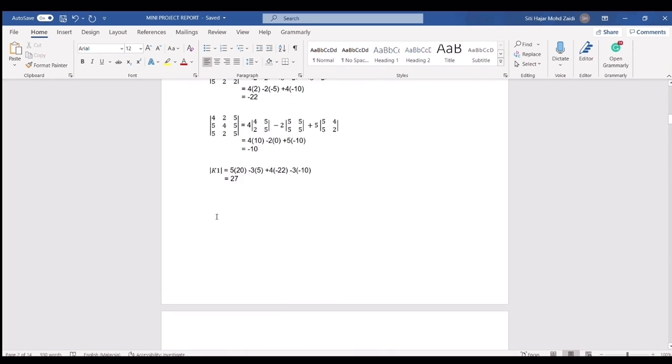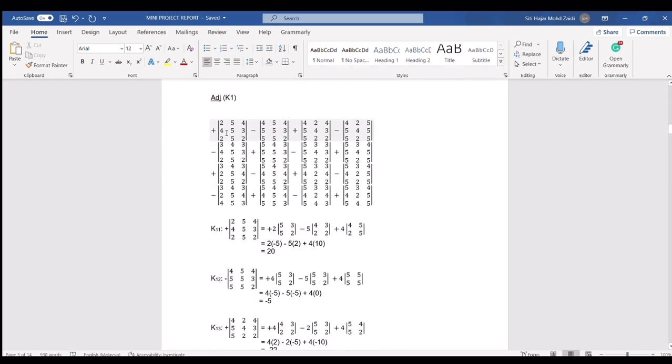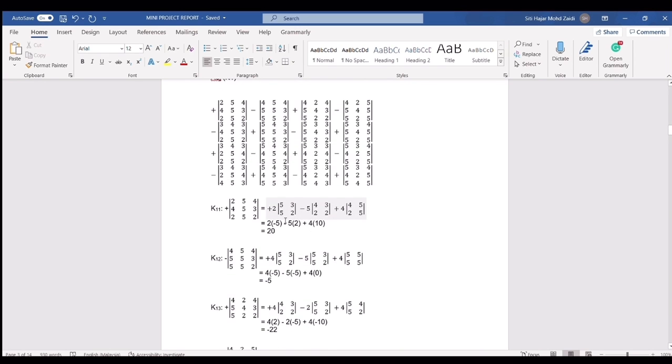So this is what I got: closing down the first row first column, first row second column, first row third column, first row fourth column. This continues with second row first column, second row second column, second row third column, second row fourth column, and so on. Like we did before, in order to make it easier, we solve it one by one, and this is what we got.